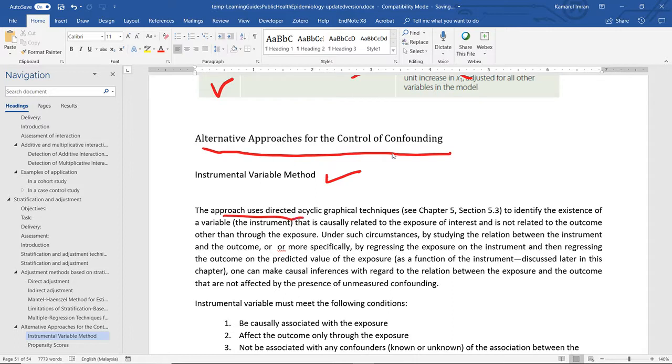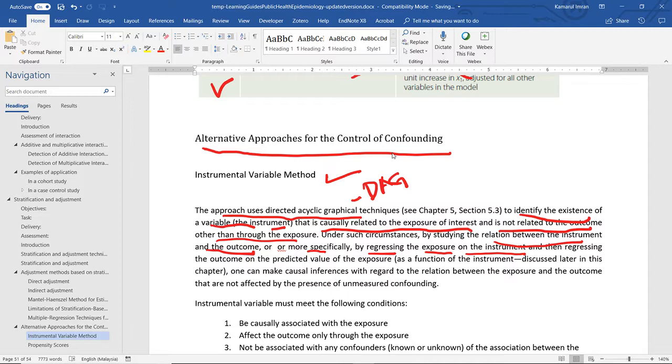This approach uses directed acyclic graphical techniques, or in short DAG, to identify the existence of a variable, the instrument, that is causally related to the exposure of interest but is not related to the outcome other than through the exposure. Step number 1 is regressing the exposure on the instrument.